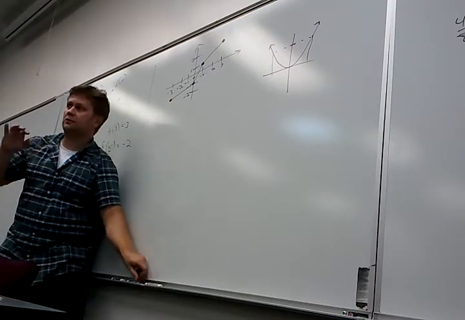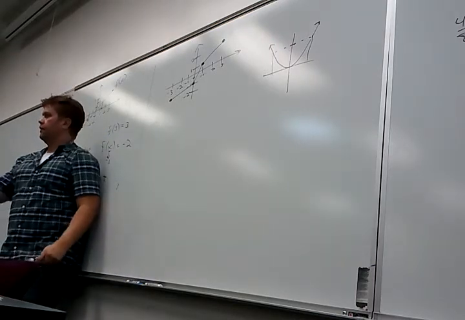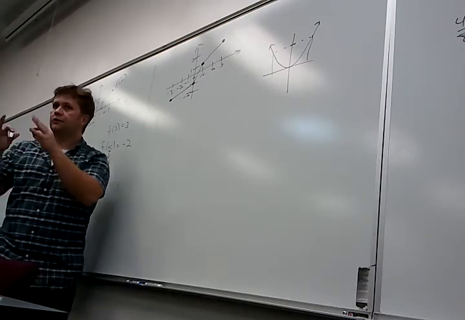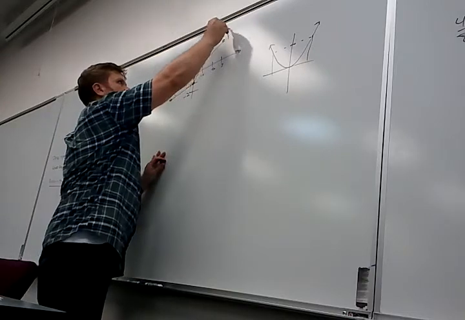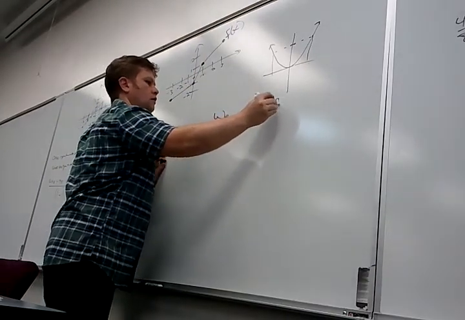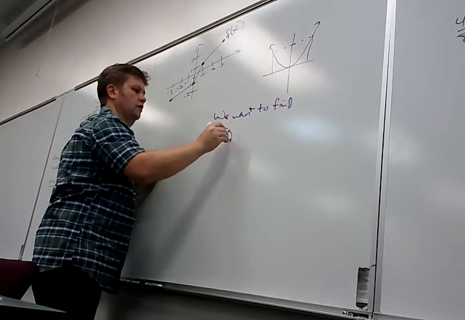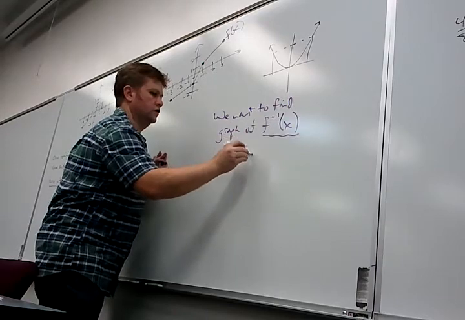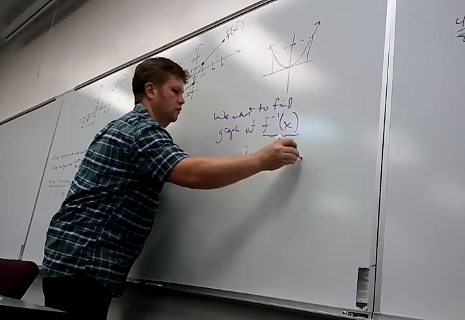So we're taking baby steps. I should be able to graph what the inverse function would look like, the opposite function. So this is f. We want to find the graph of this, and this is the inverse function.